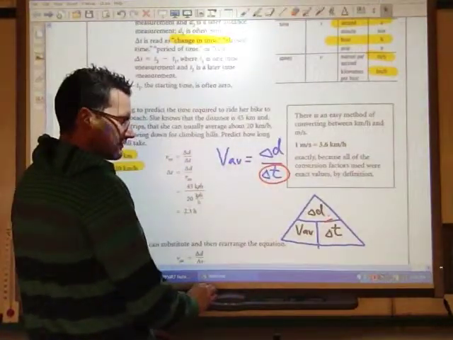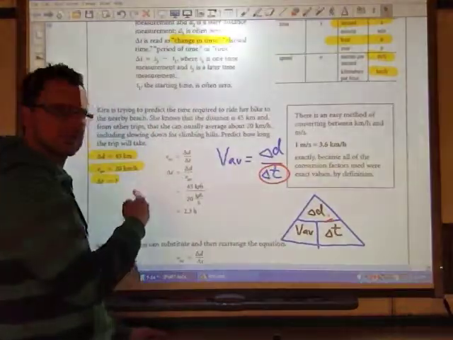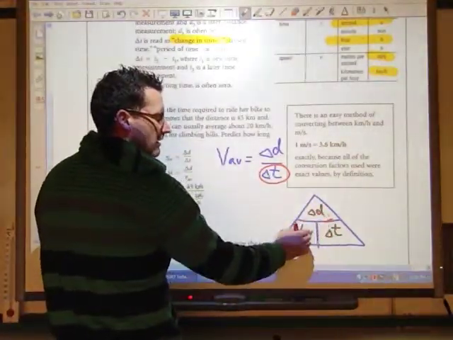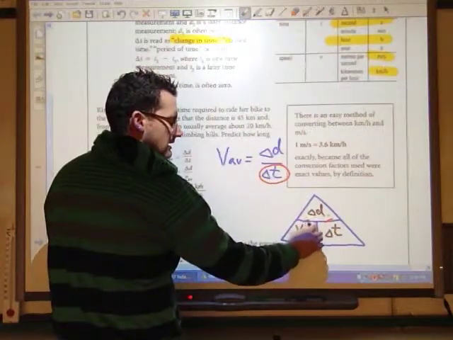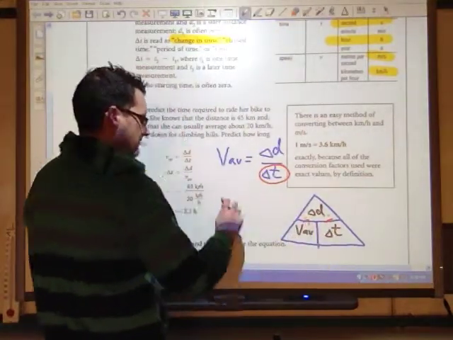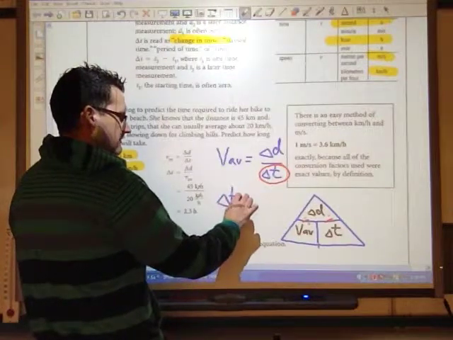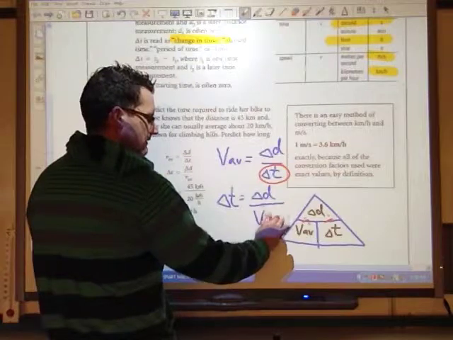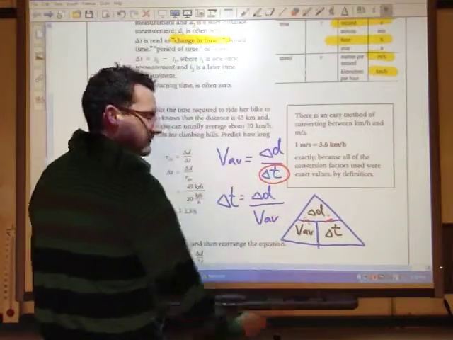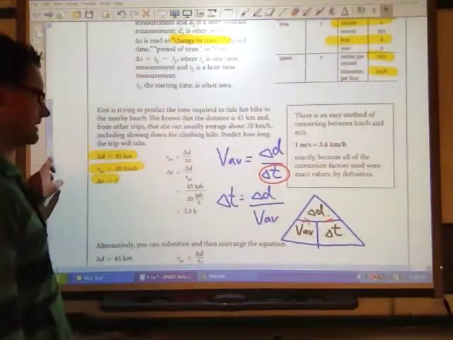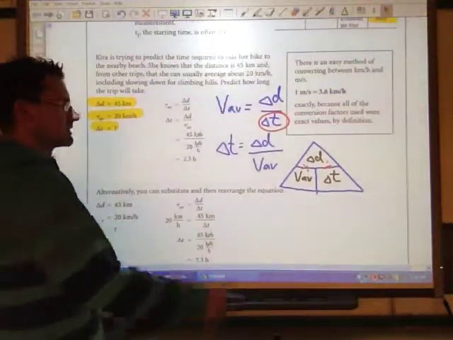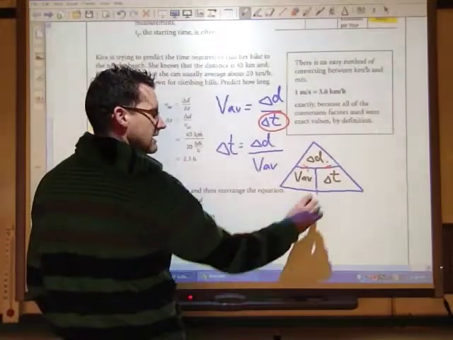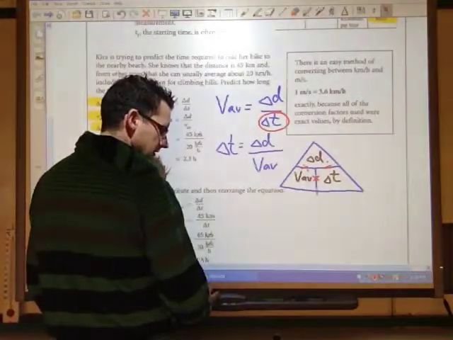If I was looking for T, like I am in this example, we can see T is equal to D over V, D divided by V. So if I was looking for T, delta D over V AV. And the last option I could have here is if I'm looking for D, we could see V and T are side by side, so that would mean multiply.